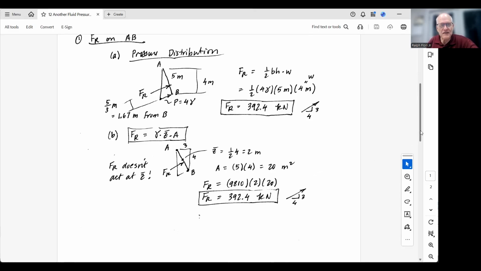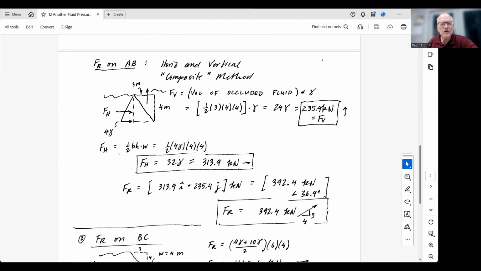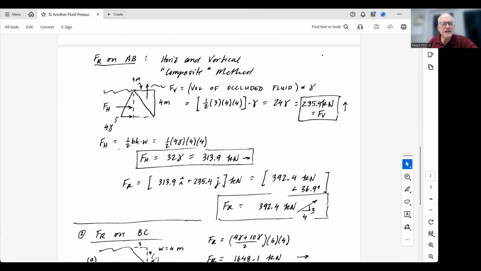Let's work it a third way. Now that this guy slants away from the water, there's water above this plate that is displaced. And so we can work this with horizontal and vertical. The horizontal is the vertical cross-section of this area, which is basically 4 meters.